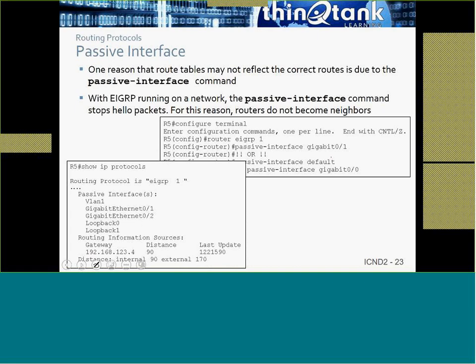Now, the way passive interface works in EIGRP is the exact same way it works in RIP. If you make an interface passive, it suppresses the protocol from running on the interface. It doesn't mean that that network still won't be advertised in the routing updates. It just makes the network passive.